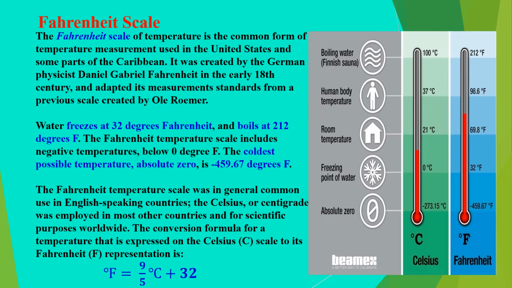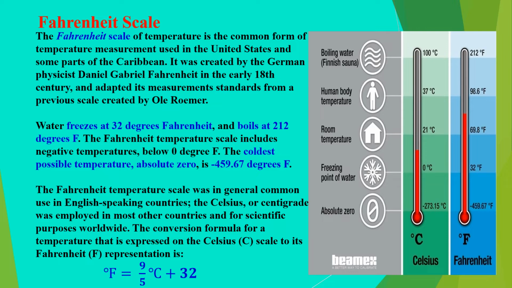The coldest possible temperature, absolute zero, is negative 459.67 degrees Fahrenheit. The Fahrenheit temperature scale was in general common use in English-speaking countries. The Celsius or centigrade was employed in most other countries and for scientific purposes worldwide.